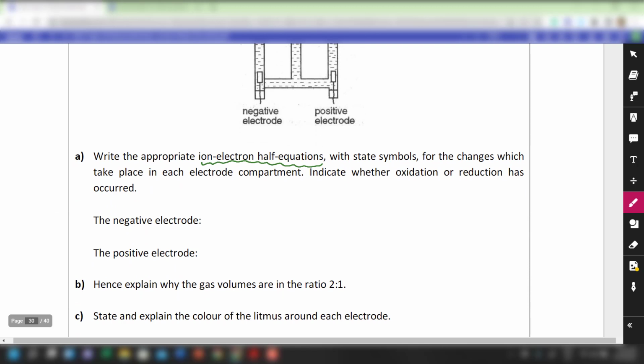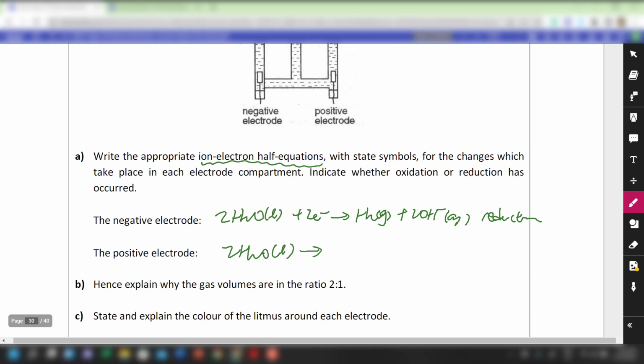At the negative electrode is where reduction takes place. H2O will be reduced to give us hydrogen gas and 2OH minus. And at the positive electrode, H2O is being oxidized to give us oxygen gas, 4H plus and 4 electrons.